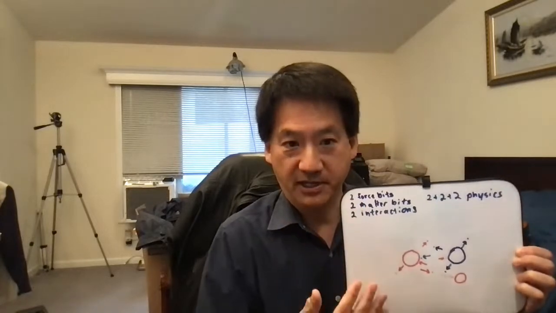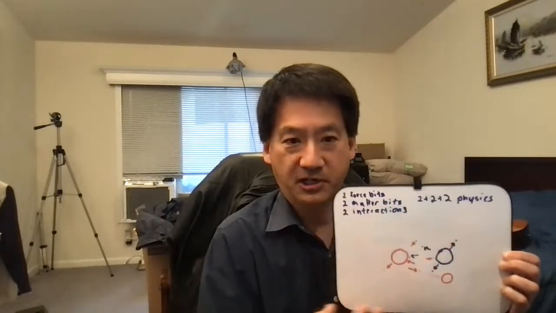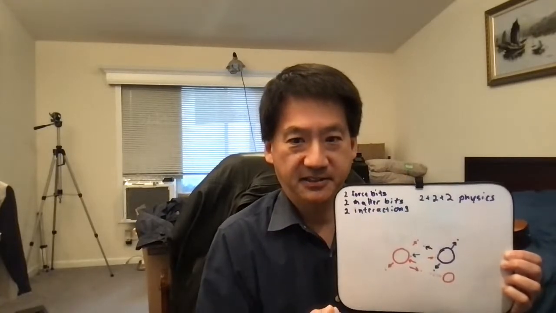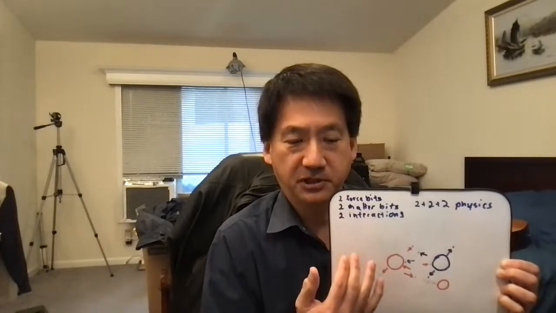So like I said, my general conclusion is that I think what Draftscience has here is actually what is going on, and that there really are two force bits, there really are two kinds of matter, and there really are two types of interactions. But the question is, how do you make this actually work in the known physics world?